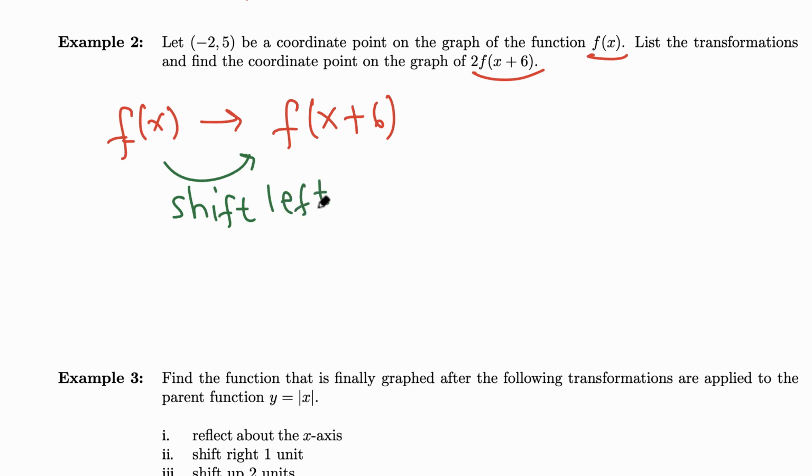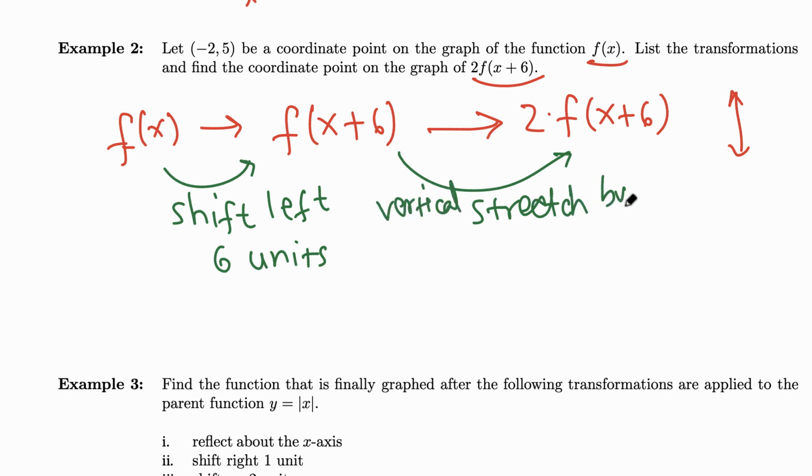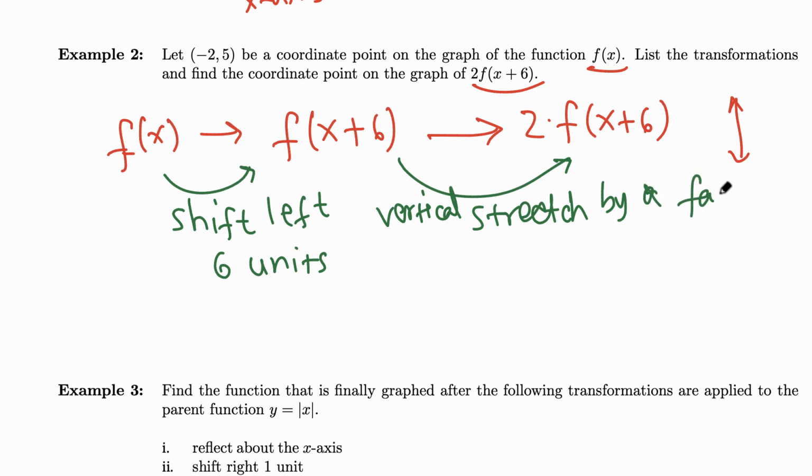Then 2 times f of x plus 6 means we multiply the graph by 2, which is a vertical stretch by a factor of 2. Vertical stretch means we multiply the y coordinate by 2.